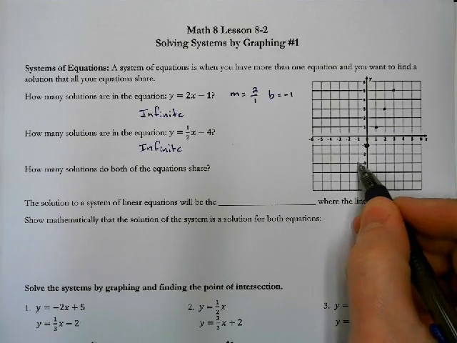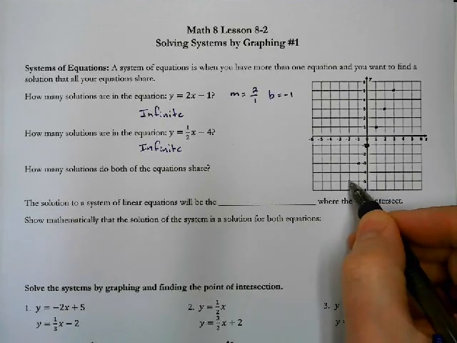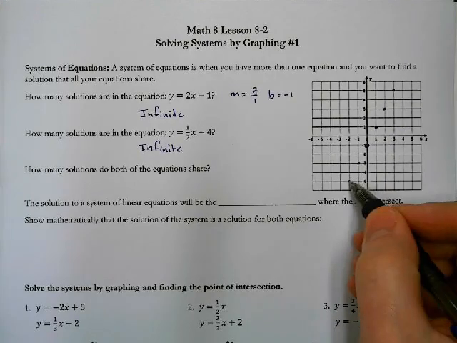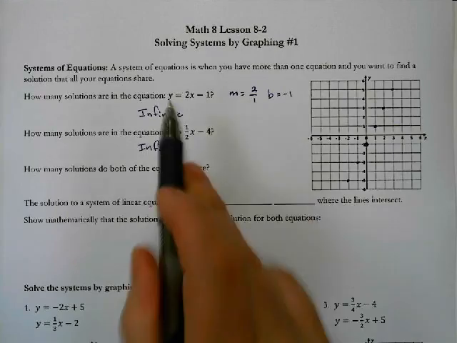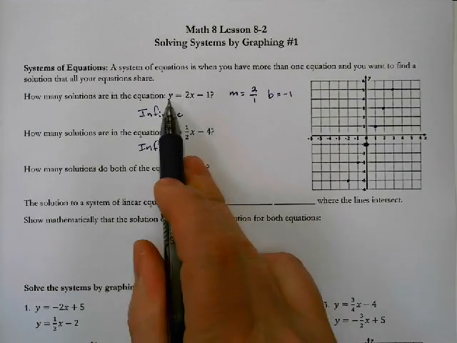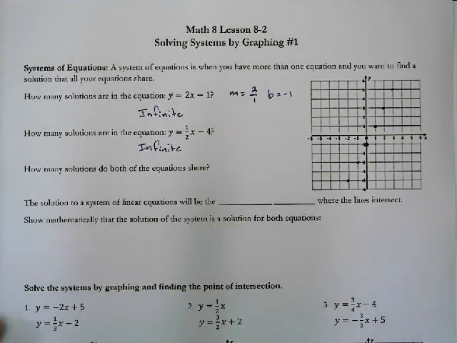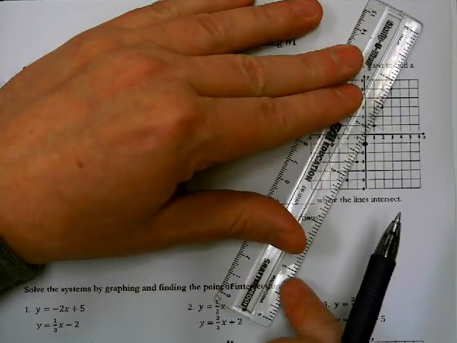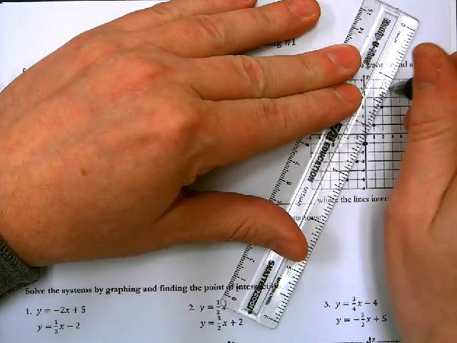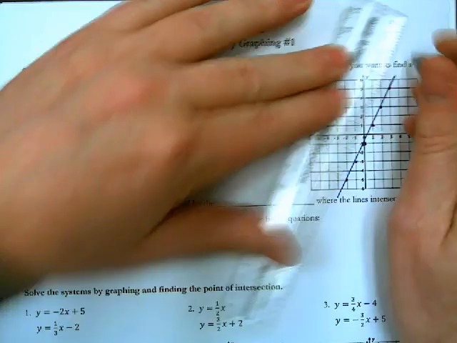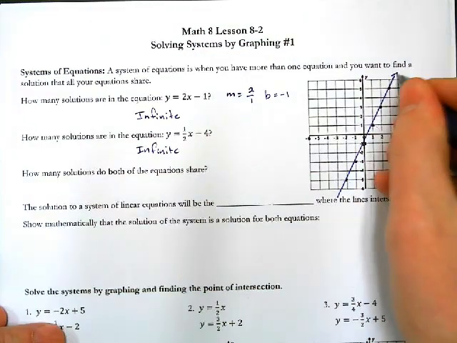So we can go backwards. Down 2, left 1, down 2, left 1. They're all on the same line. All of these points here that I've made are solutions. They work when you plug in the x and get the y. So this line represents all of the solutions that could work for y equals 2x minus 1.